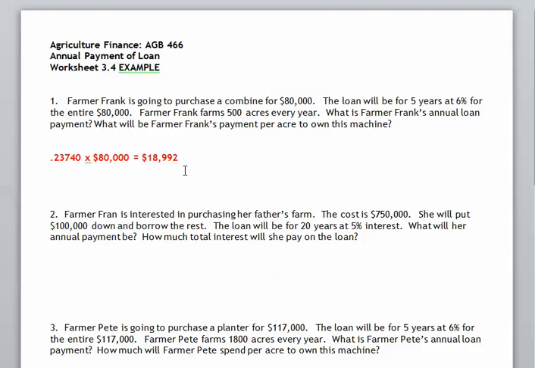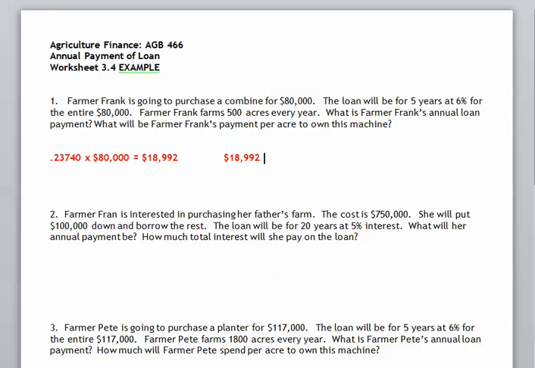That's a grand total out-of-pocket repayment of $94,960. So we paid almost 15 grand in interest when buying this combine. And how did I figure out the total repayment? It's simply 5 years times the annual payment, 18,992 times 5 years.